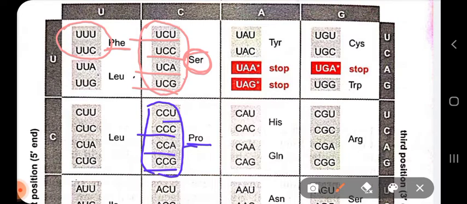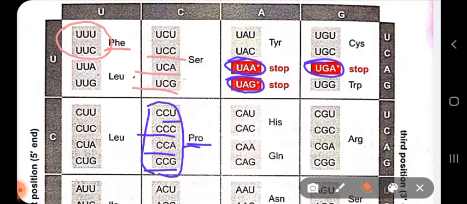Well, you can also see some stop codons as well. Stop codons do not code for any amino acid, but they trigger the translation process to terminate. Like here you can see UAA, UAG and UGA. These are the stop codons.